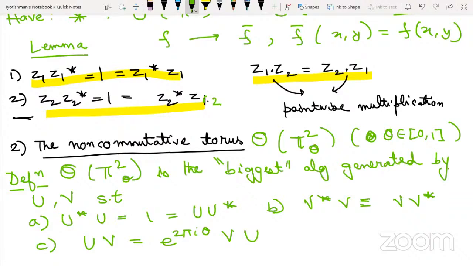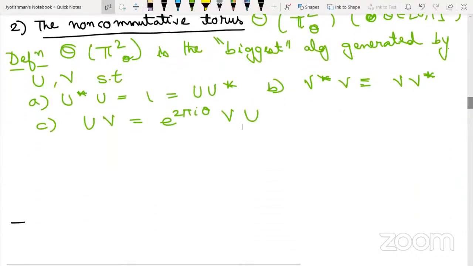Q has appeared. It's called Q. Q would have appeared in another example if I had more time, but at the moment let's be satisfied with theta.